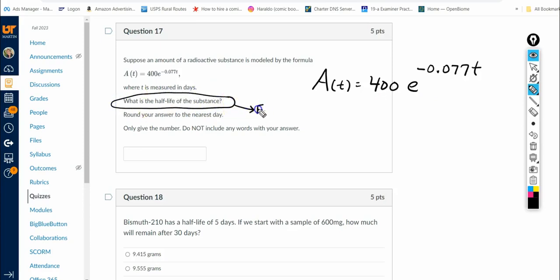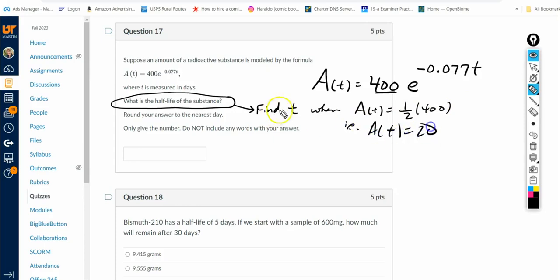You want to find the amount of time. The half-life is to find the amount of time, t, when A of t is a half what you started with. And you can see from this formula, your starting amount is 400. And a half times 400 is 200. So find t when A of t is equal to 200.